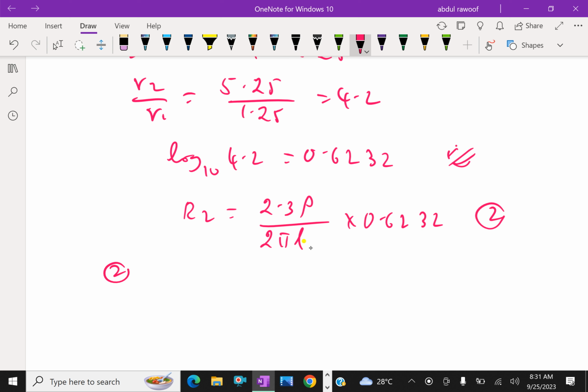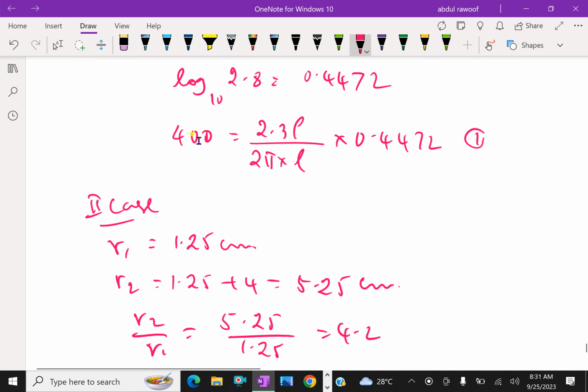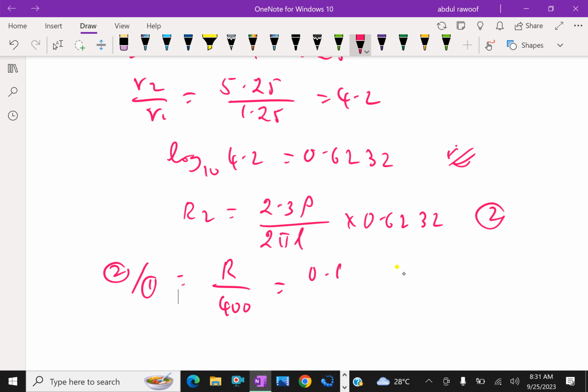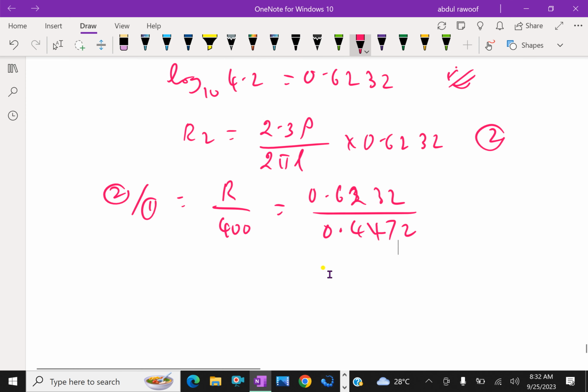Now dividing equation 2 by equation 1, that is R over 400 equals 0.6232 over 0.4472, which gives 1.394.